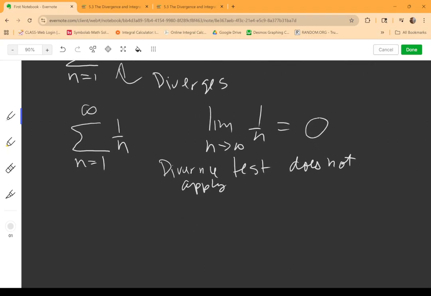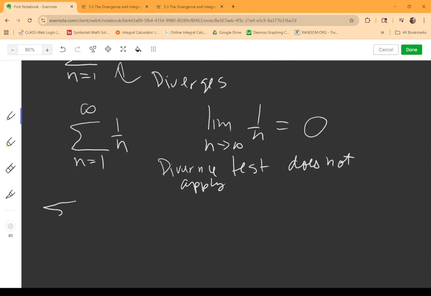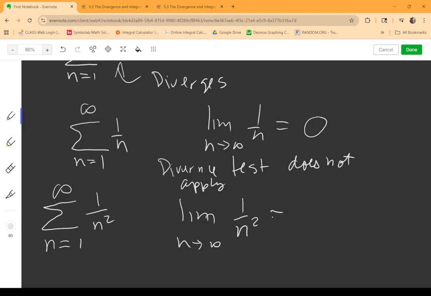And in fact, let's take a look at another one here, 1 over n squared, and we have the same behavior. The limit as n goes to infinity of 1 over n squared equals 0. Now, in both of these cases, the divergence test does not apply.